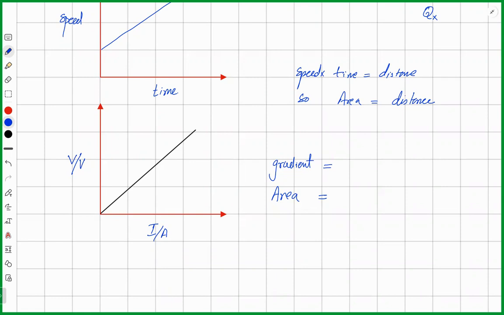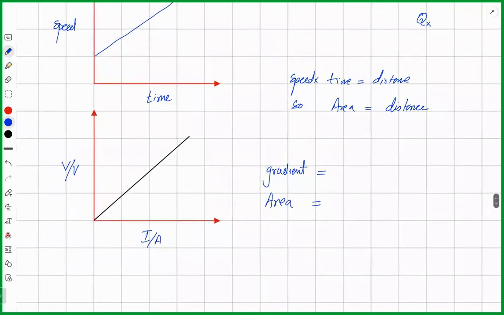That tells you that V over I equals to R. So gradient equals to resistance and area equals to power developed, because voltage multiplied by current is power. Or we use word dissipated.